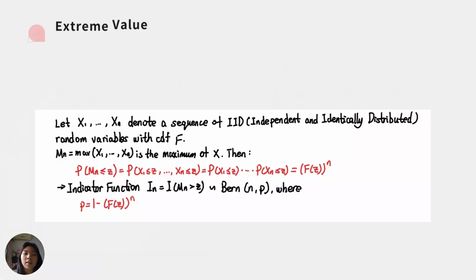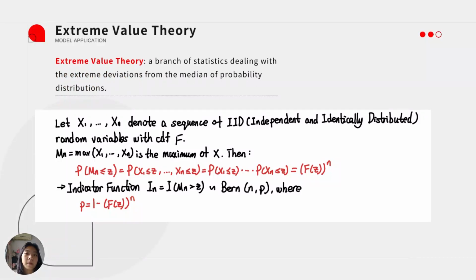And so now let's look at another model that is used to determine financial risk, called the extreme value theory, a branch of statistics dealing with the extreme deviation from the median of probability distributions.